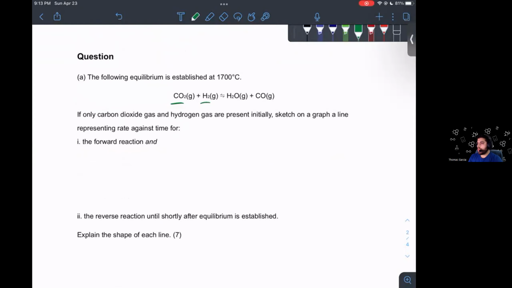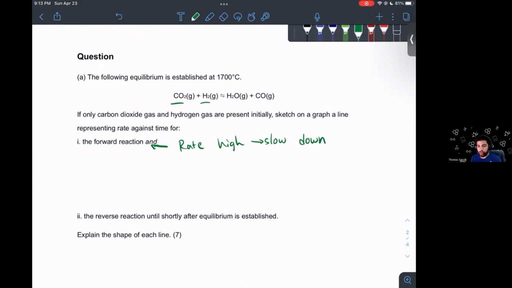All right, so we kind of have to think about this. If we're only starting with reactants, that means right at the top, our rate for the forward reaction is going to be high. And then it's going to slow down over time, because as we decrease in reactants, the rate is going to slow down.